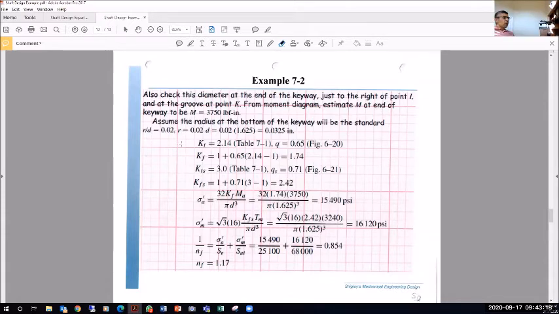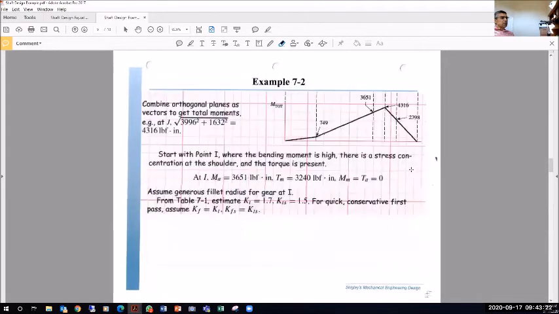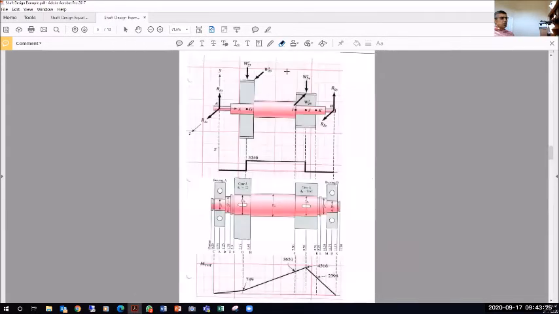Next, we decide what is the next critical location that we want to check. So I go back to my reference chart and I'm thinking, I have this key, and at the end of this key is another critical location. I have a maximum moment and I also have the torque right there.